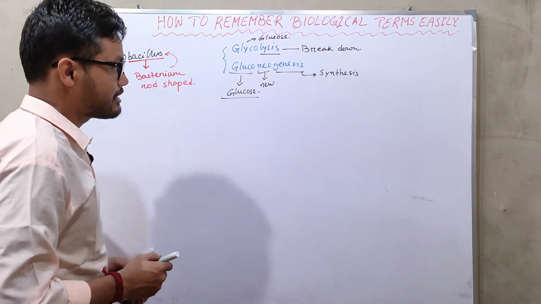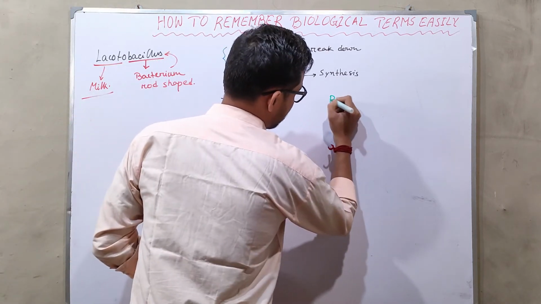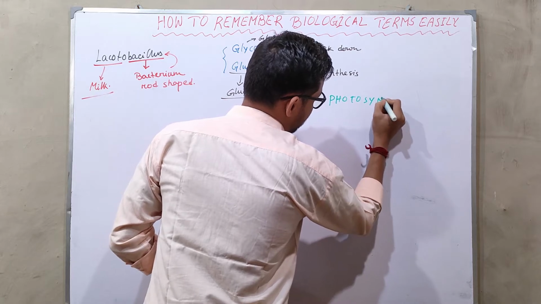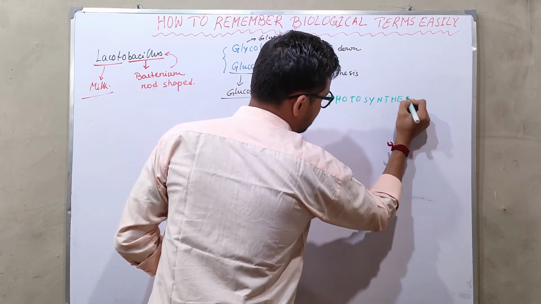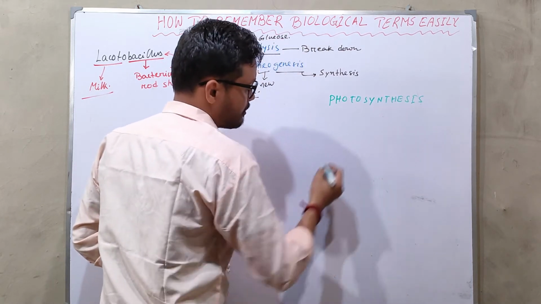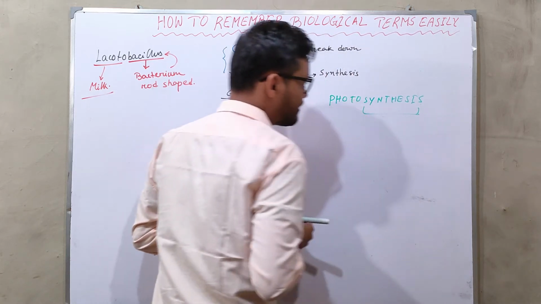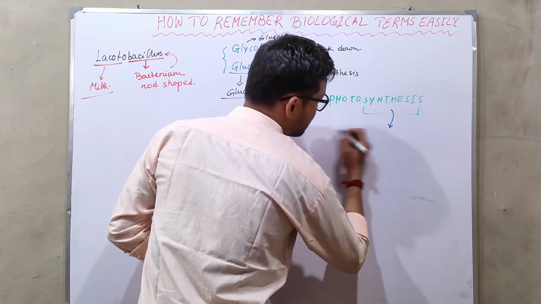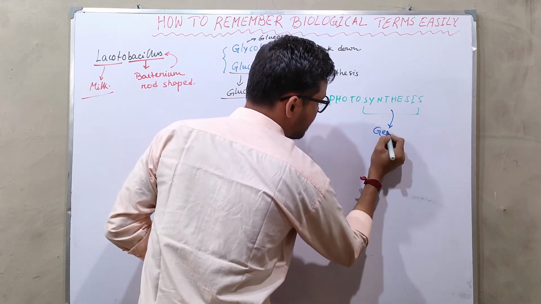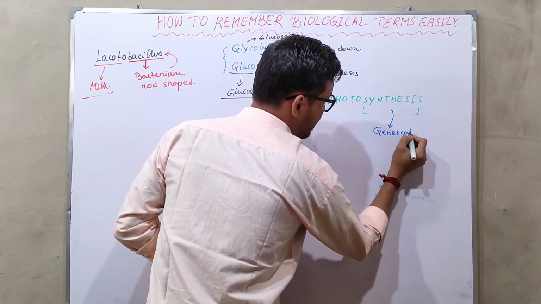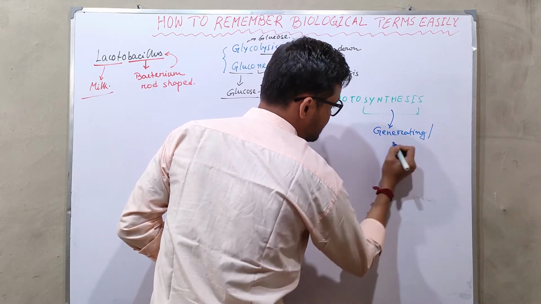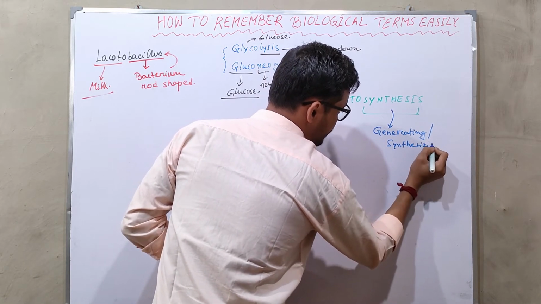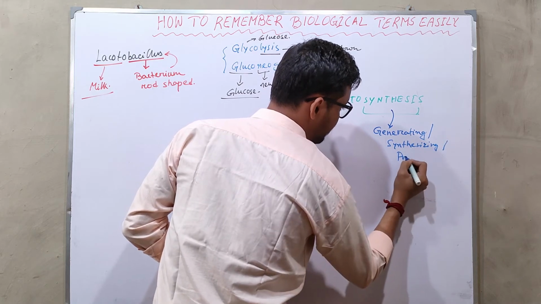Another example is photosynthesis. Here synthesis is obvious, synthesis for generating, or synthesizing, or producing.